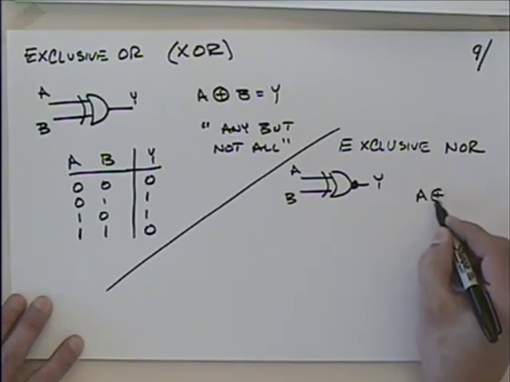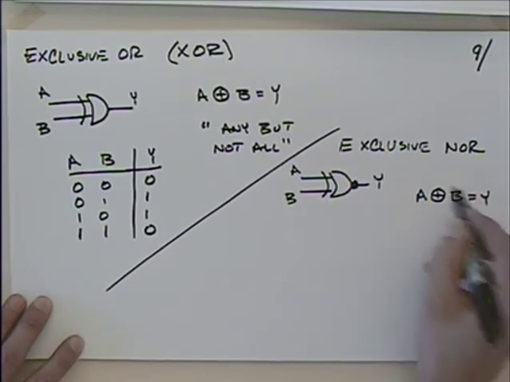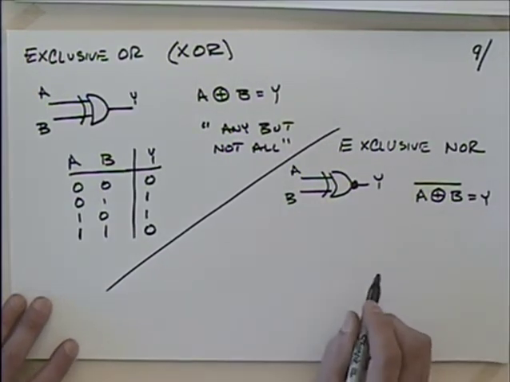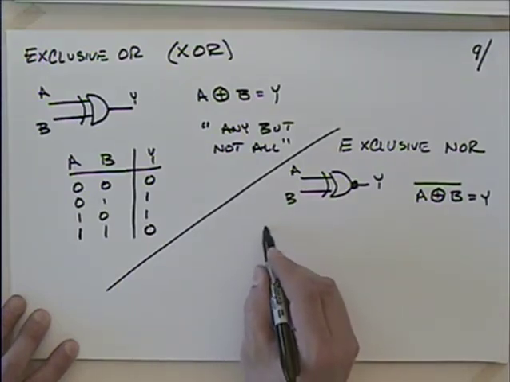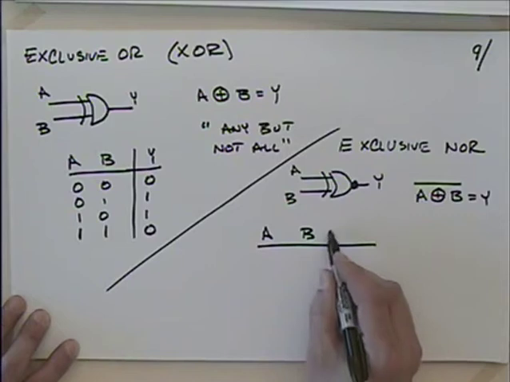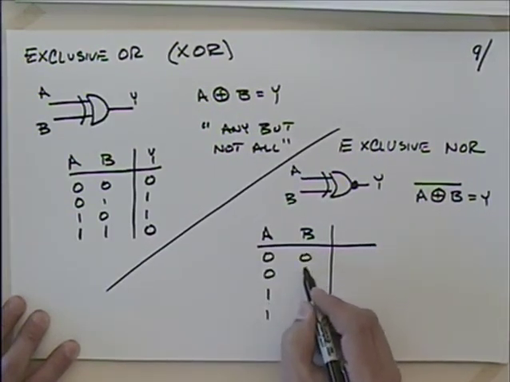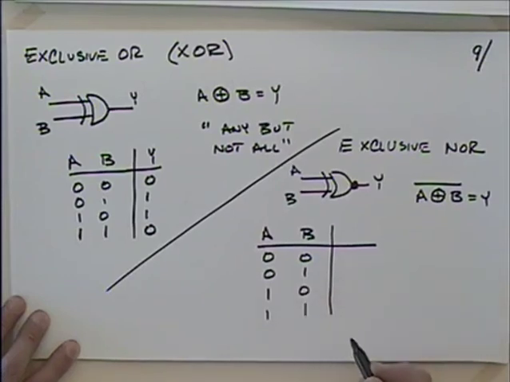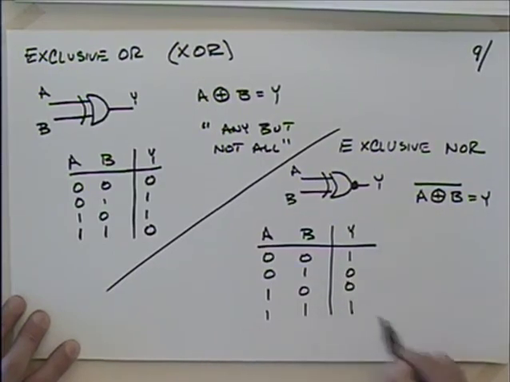We're going to take the OR, and then we make it an XOR, and then I have to invert the entire thing. So the truth table, 0, 0, 1, 1, 0, 1, 0, 1. It's going to be the opposite of this one, isn't it? So it should be 1, 0, 0, 1.